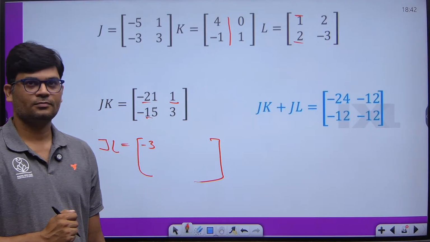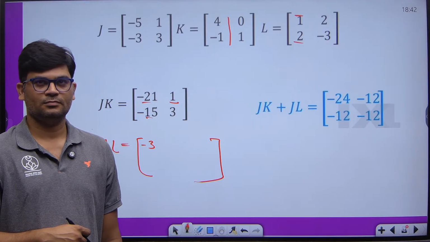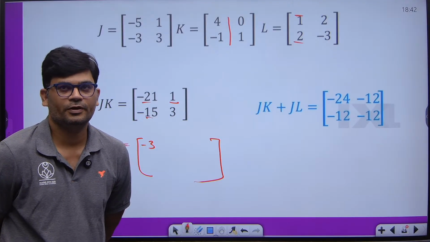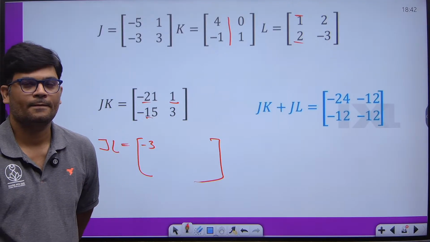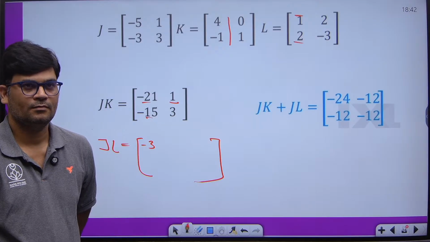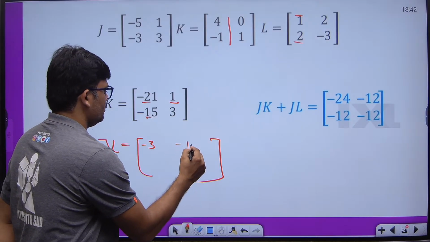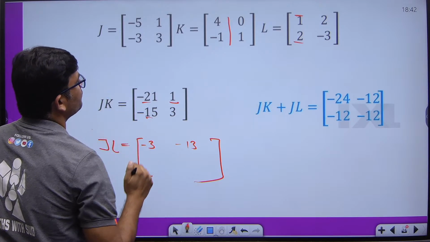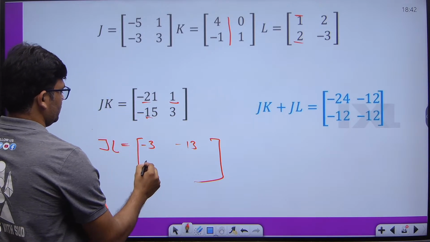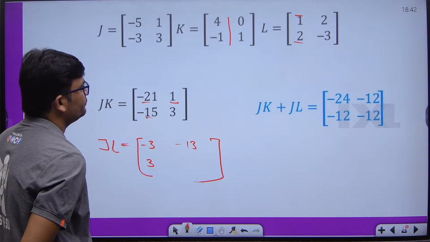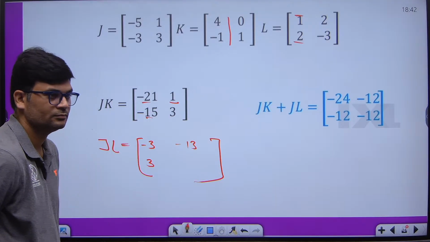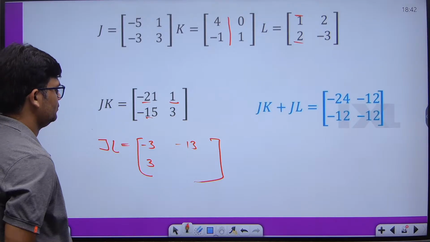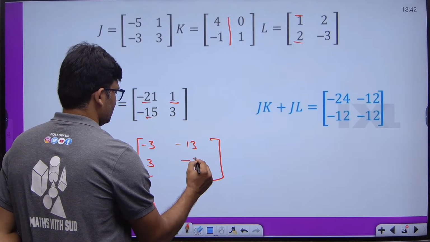Good. And then again by the second column. So negative 10 plus negative 3. Negative 13. Very good. And then negative 3 into 1, negative 3 plus 6. So 3. Very good. And then negative 6 minus 9. So that is negative 15.